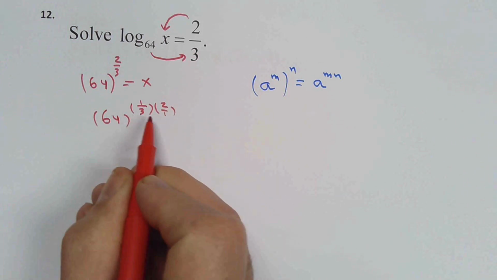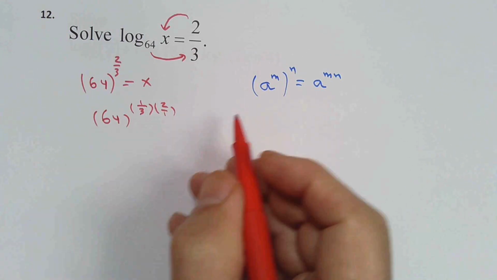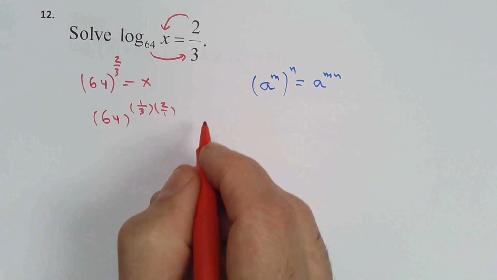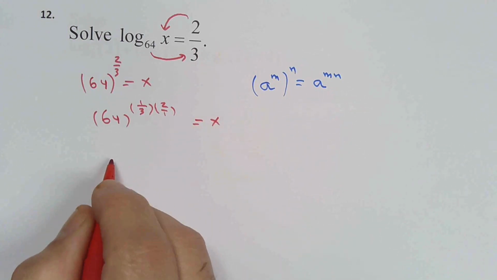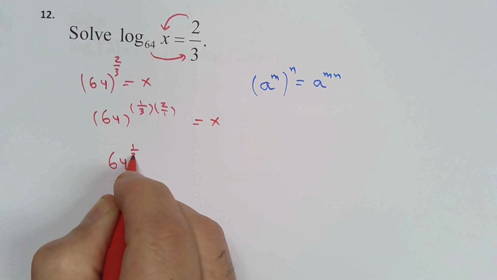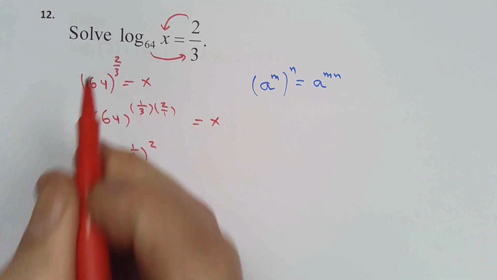That's my m, that's my n in this case. So we're going to break it down to this format. We're going to take it back from this form to this form. Equals x, left hand side is 64 to the power 1/3 to the power 2. 2 times 1/3 is 2/3, takes you back.